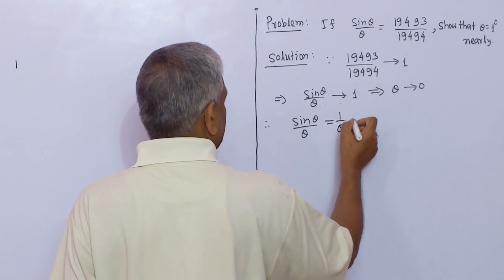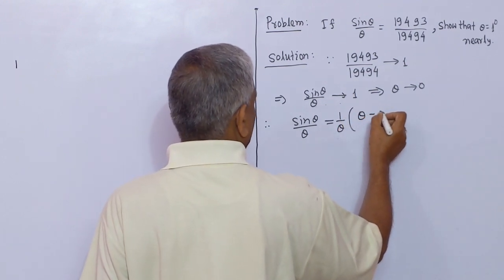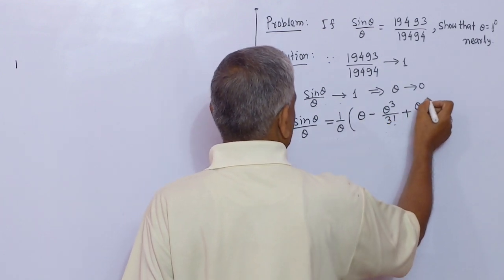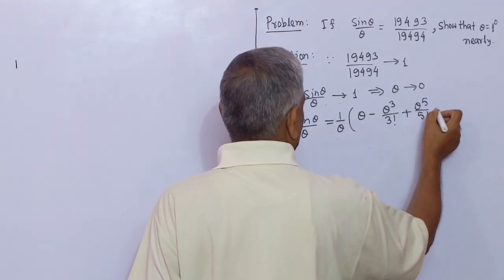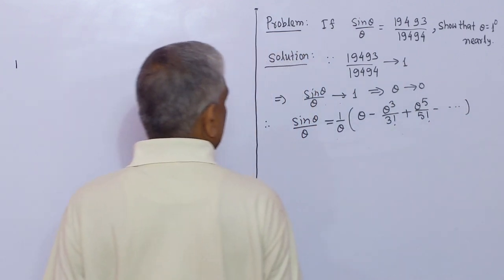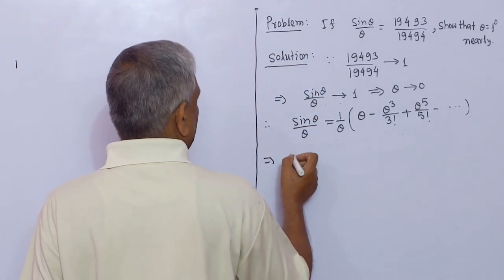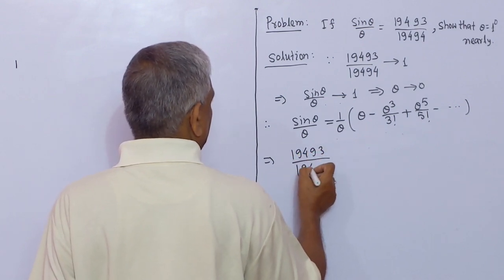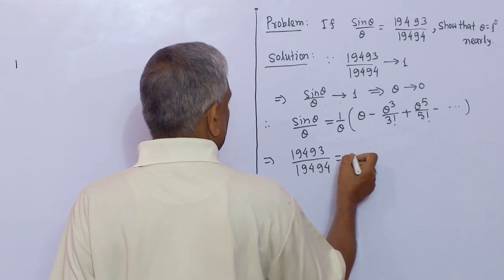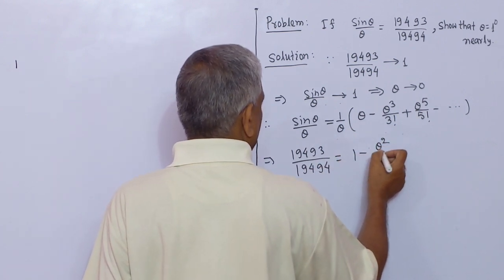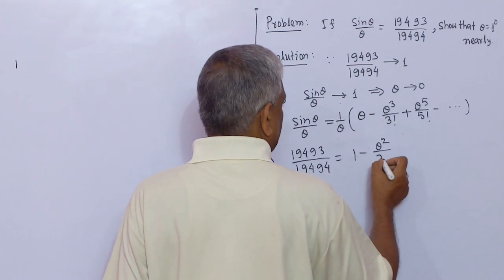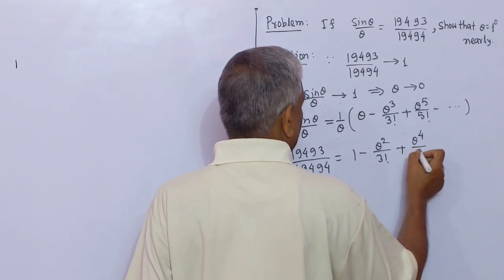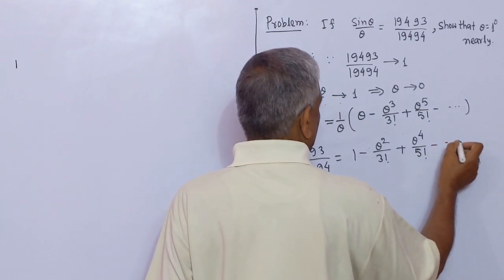Sin theta will be equal to theta minus theta cube by factorial 3 plus theta to the power 5 by factorial 5 minus dot dot dot dot dot, and this is equal to 19493 by 19494. This is equal to 1 minus theta square by factorial 3 plus theta to the power 4 by factorial 5 minus dot dot dot dot.